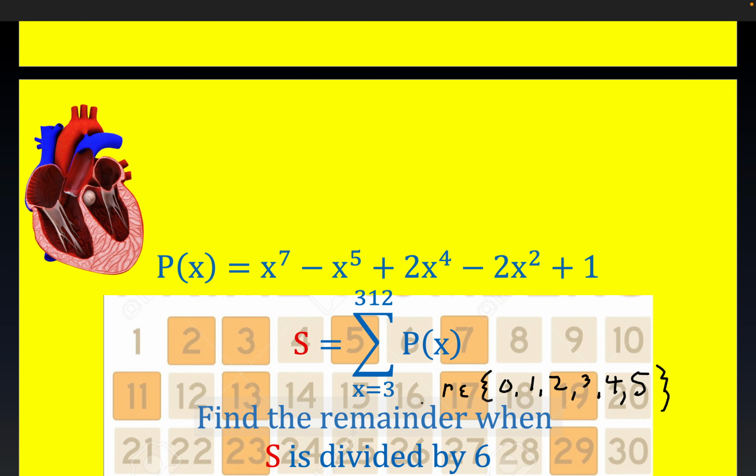Even the very first term is pretty big. You would have 3 to the 7th minus 3 to the 5th plus 2 times 3 to the 4th. Large number, and of course it's going to get larger and larger. You'll notice there are 310 summands. That's a little misleading, but you have to subtract these two from each other and add 1. Just look at the special case from 1 to 2.